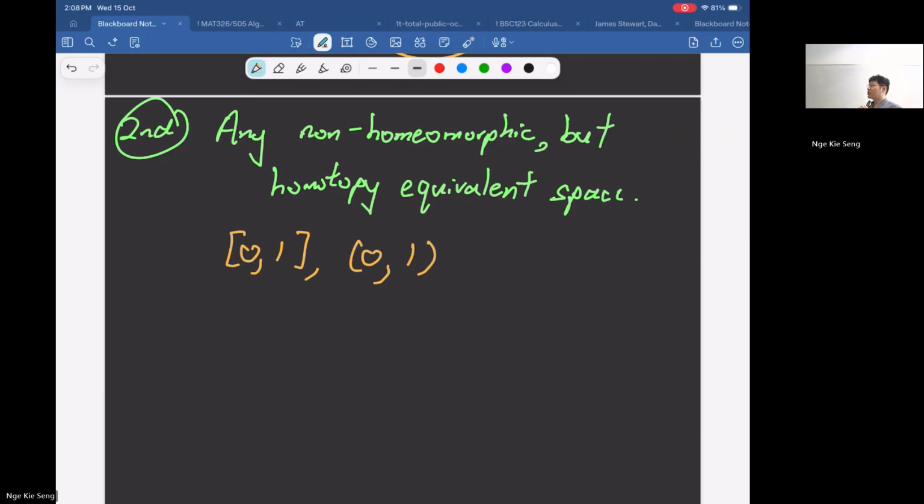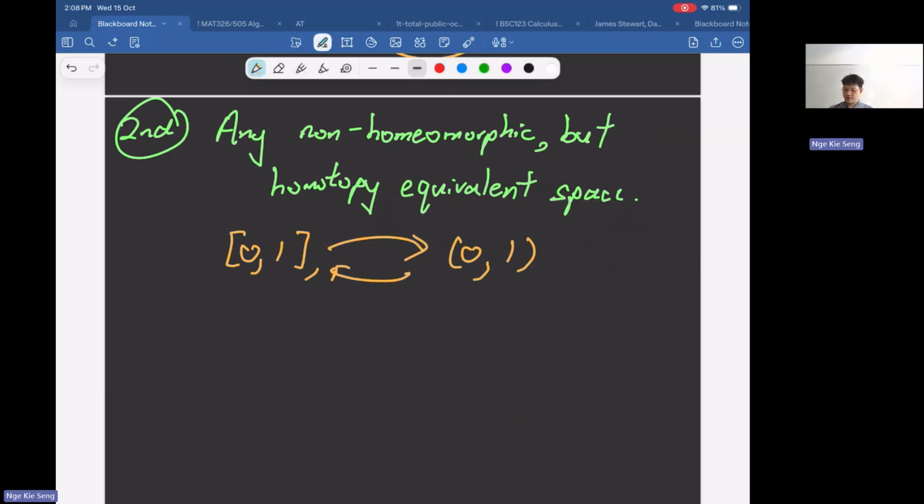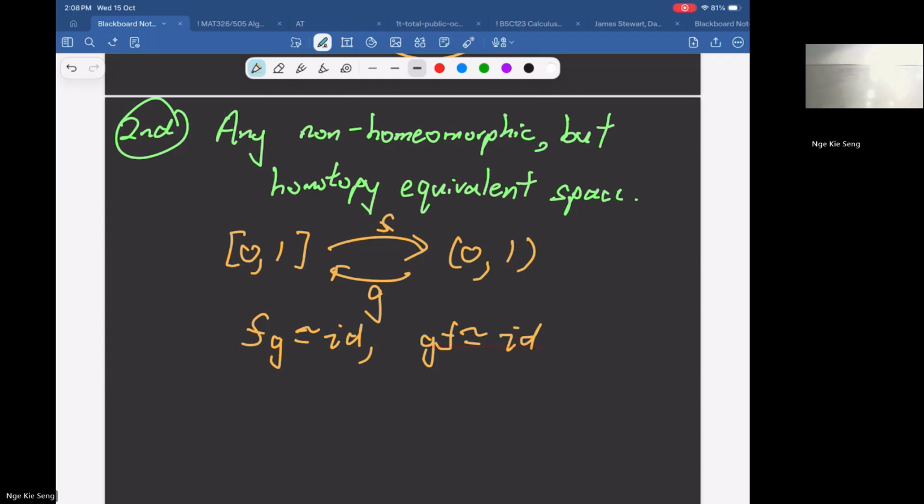If I want to show that they are homotopy equivalent, what I need to do is find maps between these two, F and G, such that FG is homotopic to the identity, and GF is homotopic to the identity. Not necessarily equal, but homotopic.